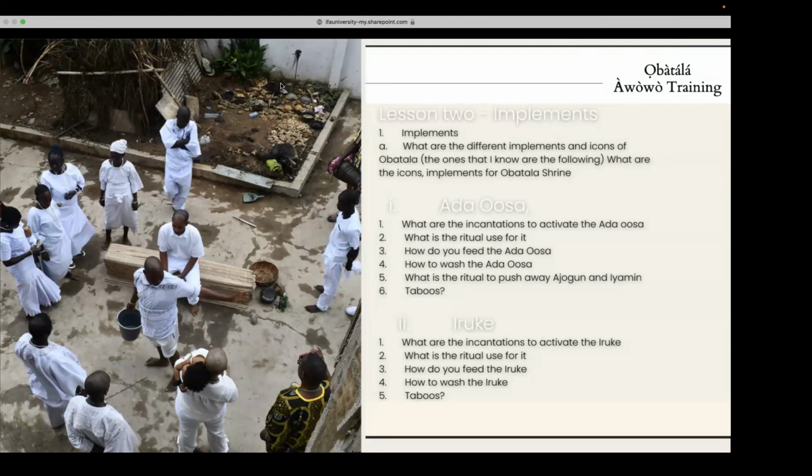Then we use this leaf to wash that clay pot very well. I asked one day, why are they using this? They say, so that the pot can have a very speedy connection of receiving, so that your prayer will be answered in time. That is why they cleanse the clay pot with such leaf.